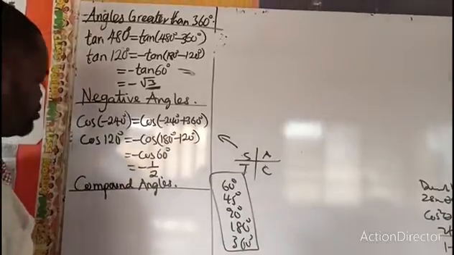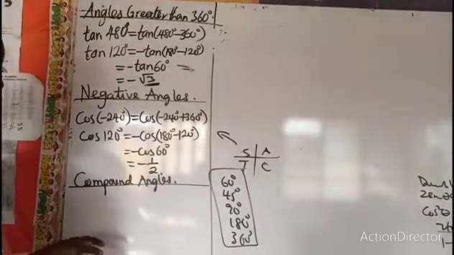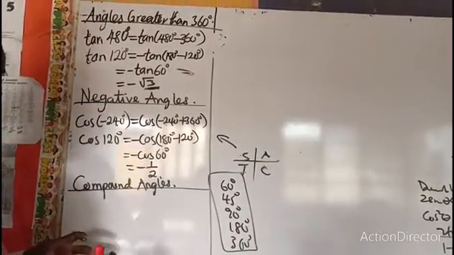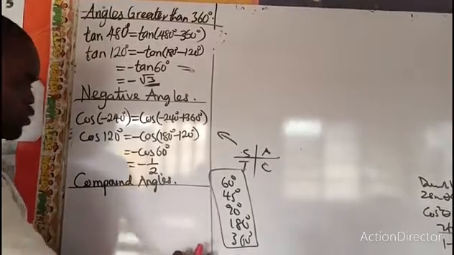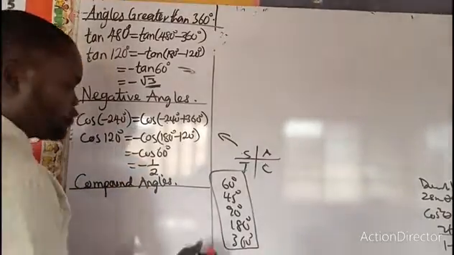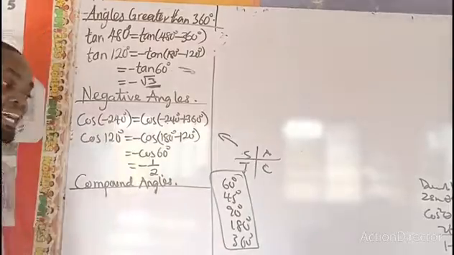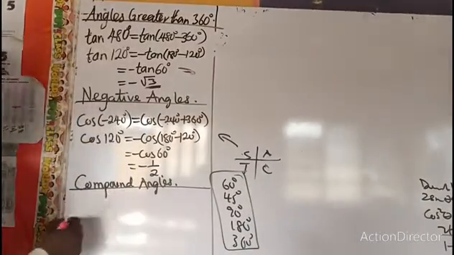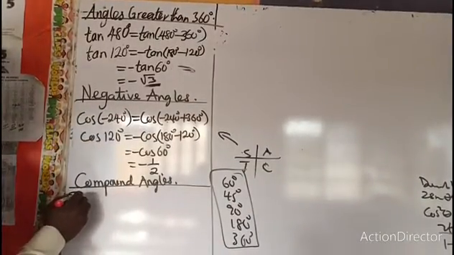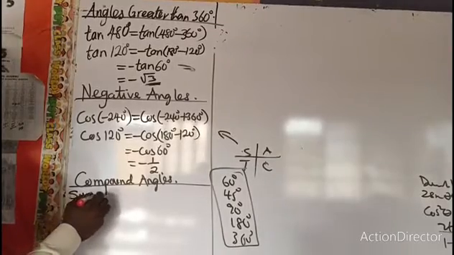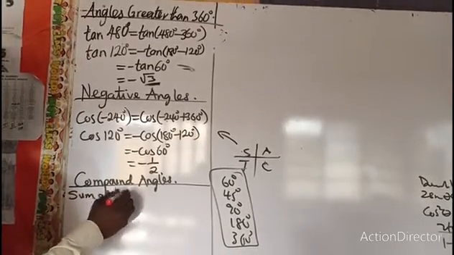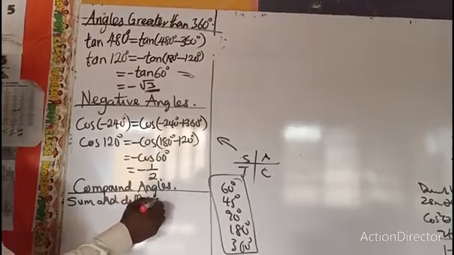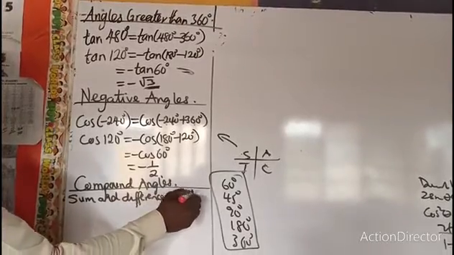But compound angles refer to when we are given a number which we have to resolve into these, whether by addition or subtraction. So in compound angles, we look at the sum and difference of angles.